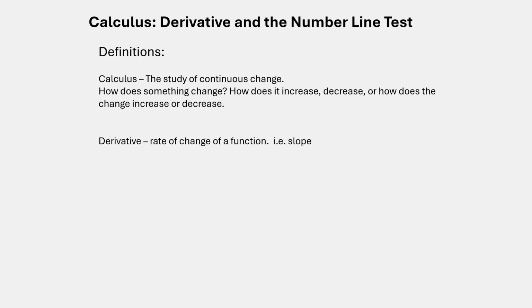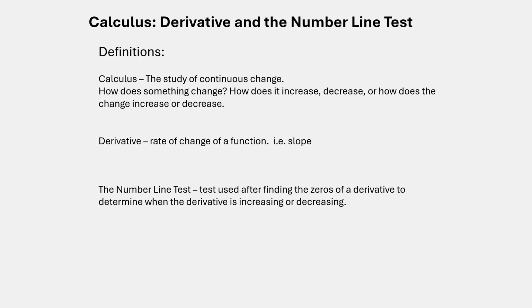Most people are used to the slope of a line. However, when you get into calculus, you learn that you can find slopes of curves. And that's what we're looking at here.